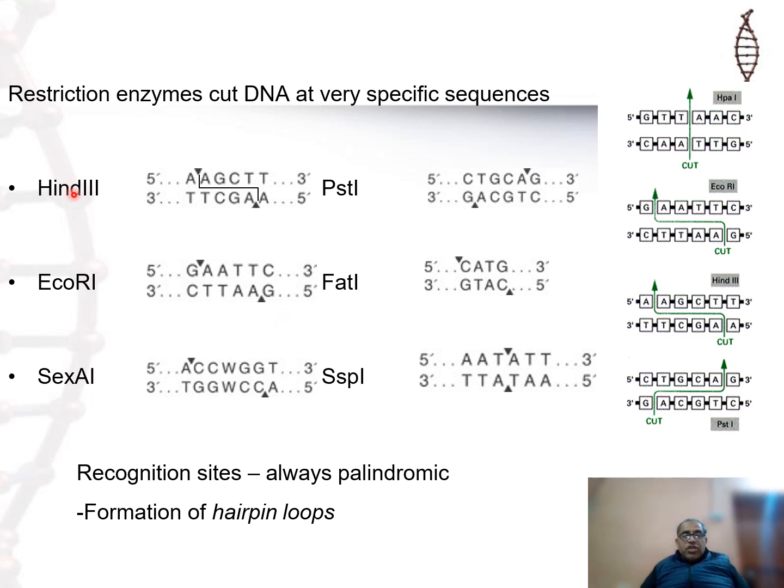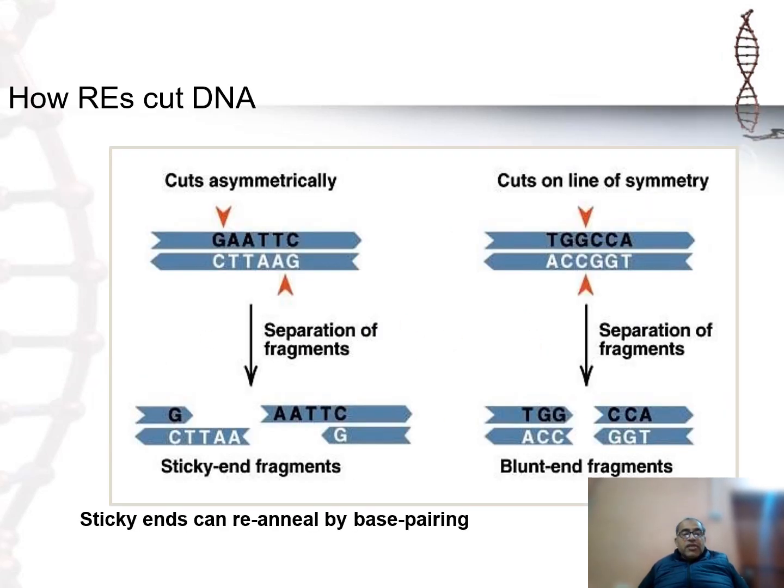Here, for example, HindIII, all those sequences are palindromic. Palindromic sequences means that if you read from the forward or reverse direction, it would be the same. So HindIII recognizes AAGCTT, EcoRI recognizes GAATTC. So these are the restriction enzymes PstI, and so on, which recognize these sequences and then produce the sticky ends.